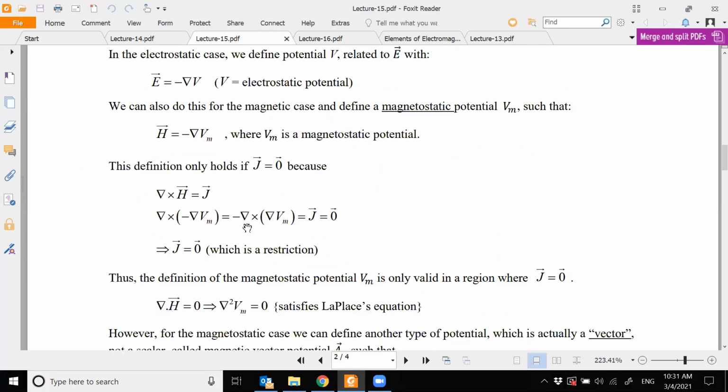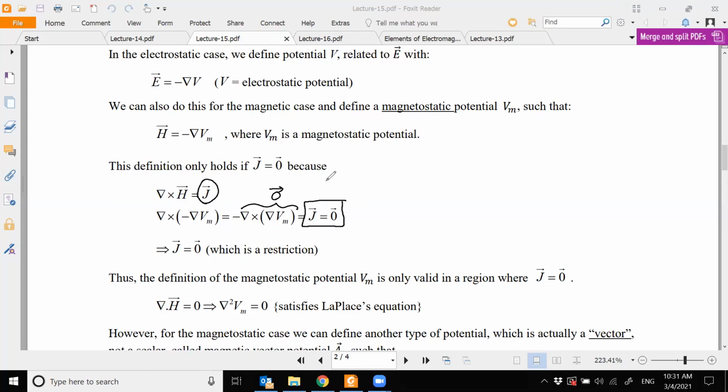So if this quantity is 0, your left hand side is becoming 0, while your right hand side is J bar. So that means J bar is equal to 0.